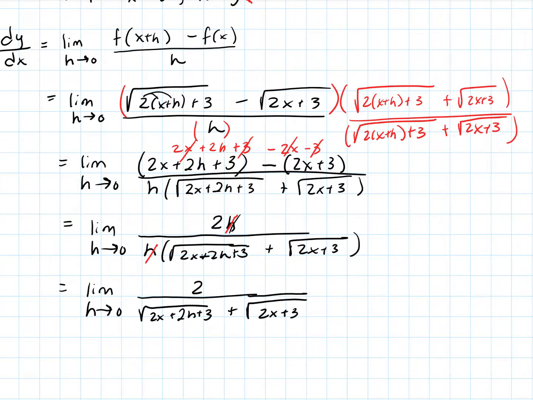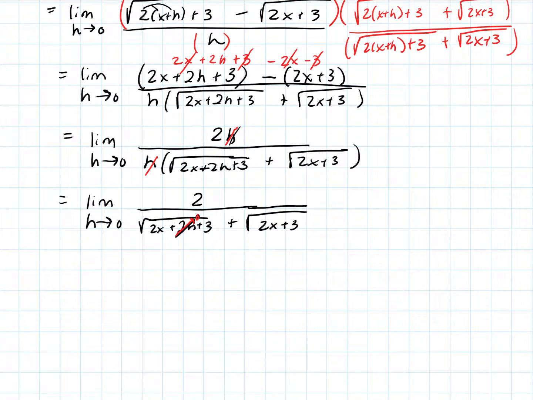Okay, now as h goes to 0, we actually only have one h left. This term goes to 0, so that term goes to 0. Let's do that in red. That term goes to 0. The 2h goes to 0. And now I'm actually taking the limit. This is where I drop the limit notation. And notice in the bottom I have the square root of 2x plus 3 plus another square root of 2x plus 3.